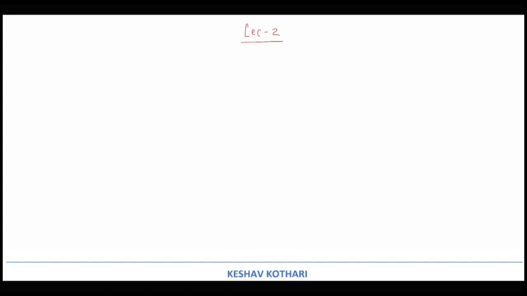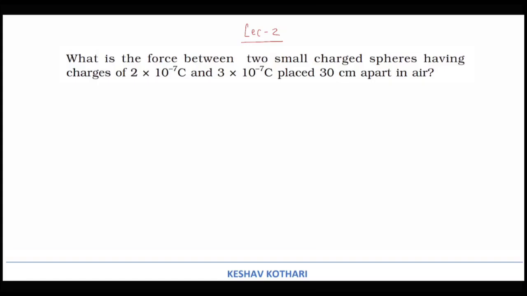So we are dealing with the first problem. What is the force between two small charged spheres having charge of 2 into 10 to the power minus 7 coulomb and 3 into 10 to the power minus 7 coulomb placed 30 centimeter apart in air? So this is the first problem which we are solving.